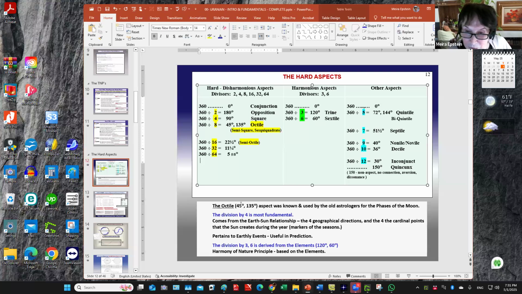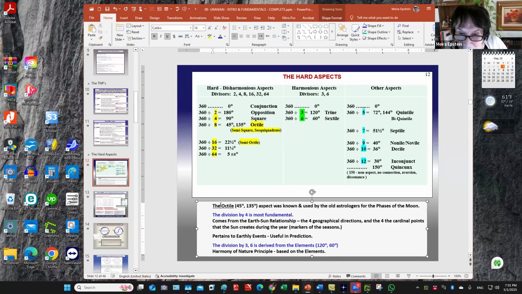Look at the comment here, by the way, about the octile at the bottom. The octile aspect, and I'm including the sesquiquadrate, was known and used by the old astrologers for the phases of the moon only.